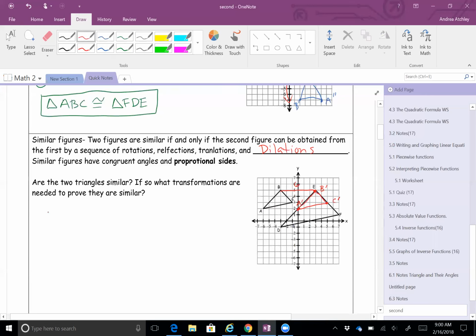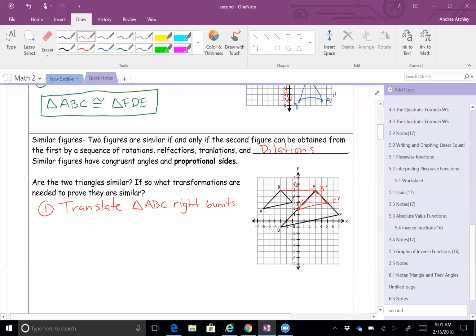So our first step is to translate triangle ABC right 6 units.